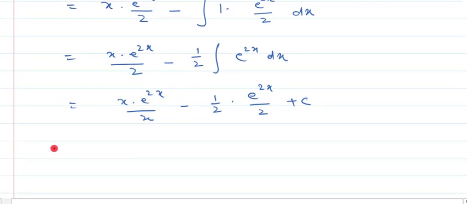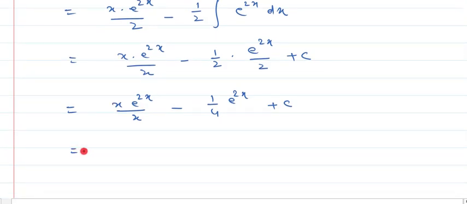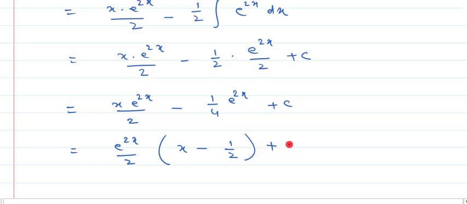So the answer you are getting is x e power 2x upon 2 minus 1 upon 4 e power 2x plus c. You can further simplify the result by taking e power 2x upon 2 as common, and you will be left with x minus 1 upon 2 plus c.